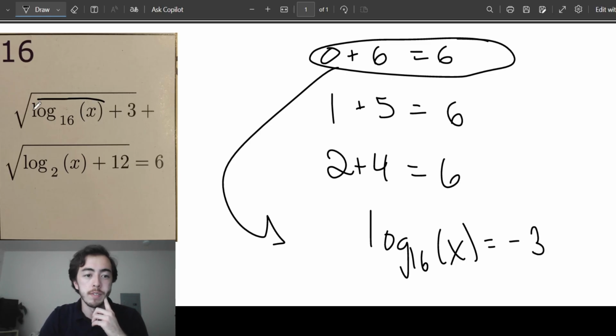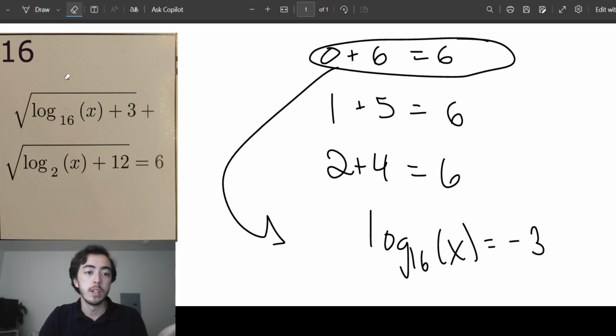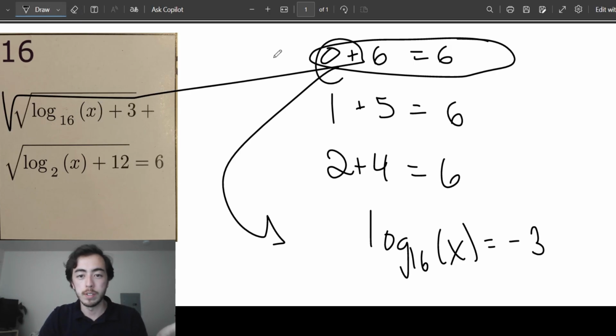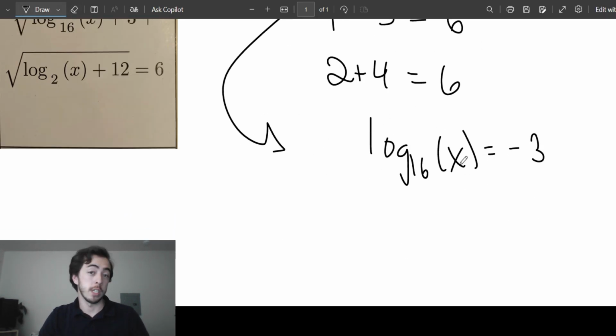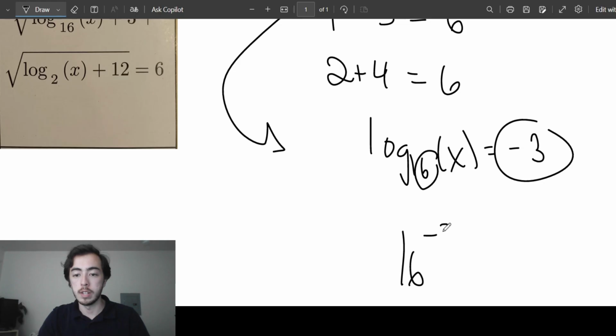Because I'm imagining if this were a -3, then I'd have -3 plus 3 is 0. Square rooting 0 gets you a 0. And then to unravel logarithmic expressions back into exponential expressions, here's our base, 16. Here's our exponent, -3. And then here is our argument, x.